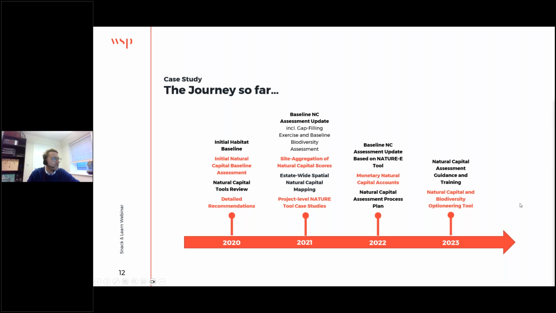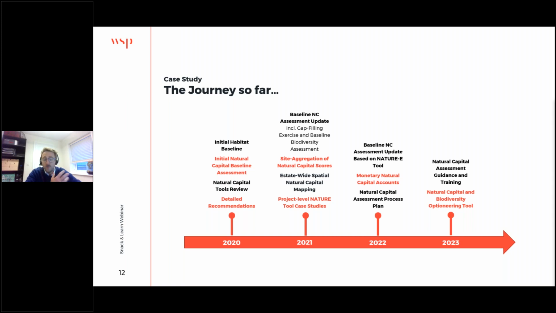I won't go into the detail here, but essentially we started in a position where we didn't even have a complete habitat baseline, moving to a position where we established a complete natural capital baseline and created a nature optioneering toolkit to rapidly assess natural capital impacts of development footprints, and furthermore integrated natural capital into their processes such as capital delivery projects.